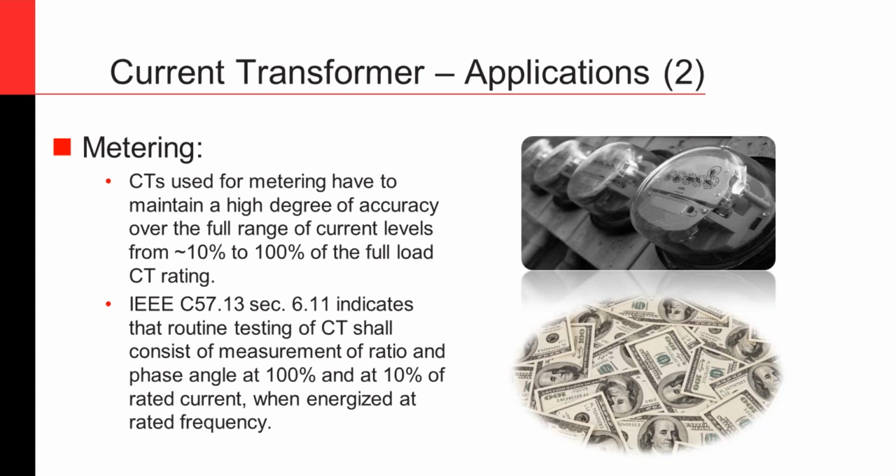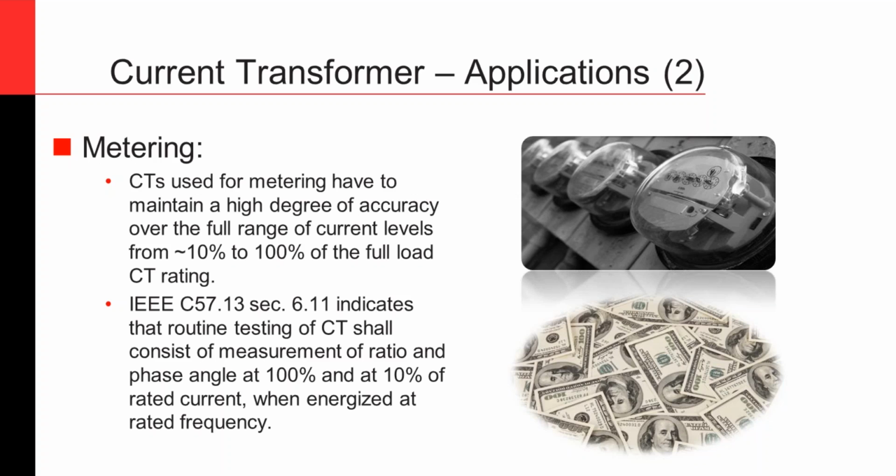When we talk about a metering type CT, the characteristic of the metering type CT is typically that it is more accurate than a protection type CT, mainly because you don't want to have a less accurate meter, which directly affects the consumption rate or the consumption measurement of your consumer, whether you're a customer or a utility or however you want to call it. So you want to have a more accurate CT in your metering or consumption measurement place.